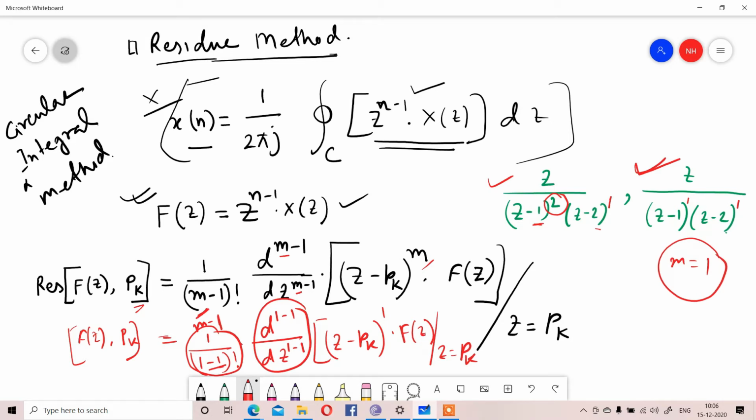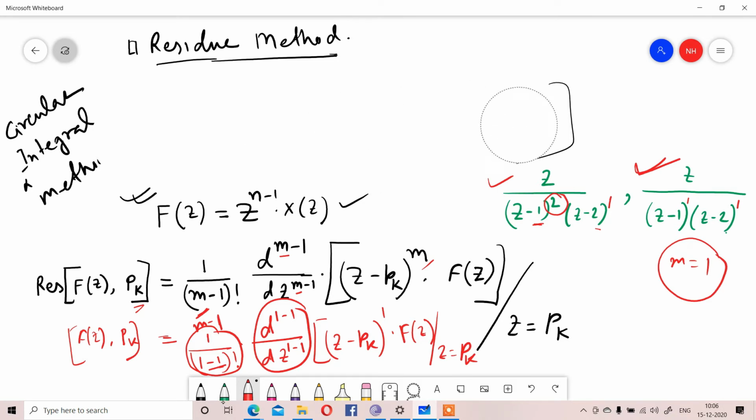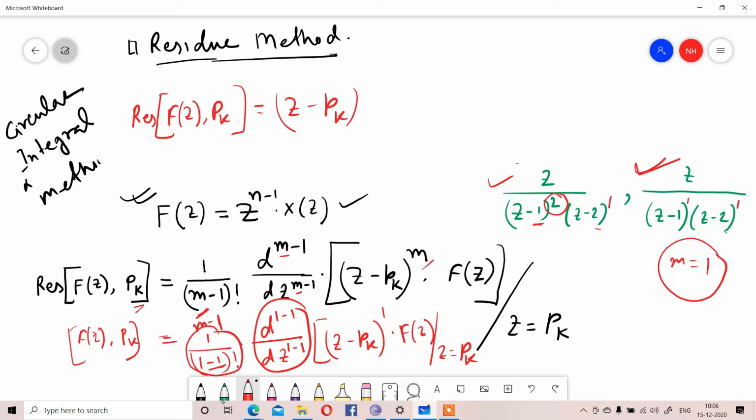So just keep in mind, if you don't have any power in the poles, that means whenever you have the value m equal to 1, the formula becomes residue of fz at pk equal to z minus pk times fz, where z equal to pk.